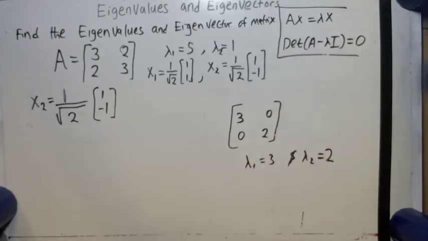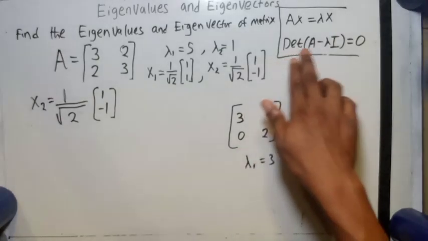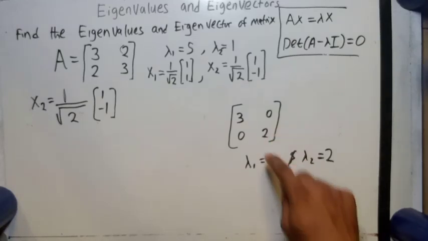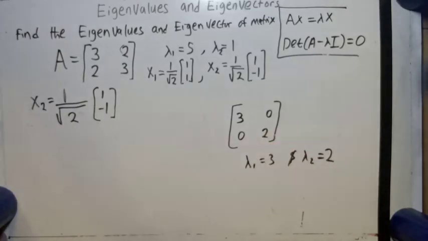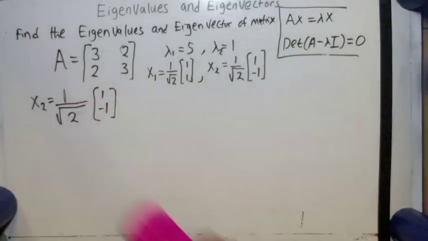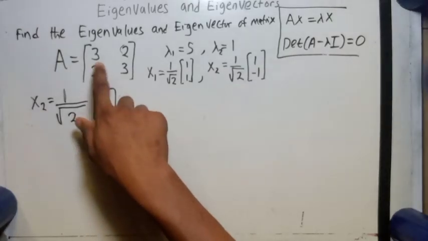So if you know this, you don't start going through the whole process of using the formula to derive your eigenvalues. So long as it is diagonal, this is your first one, this is your second one. This also goes for 3 by 3 or 4 by 4, as long as it is diagonal. The major diagonal elements are the values of your eigenvalues. And your eigenvalues will have the same number as the number of rows and columns.